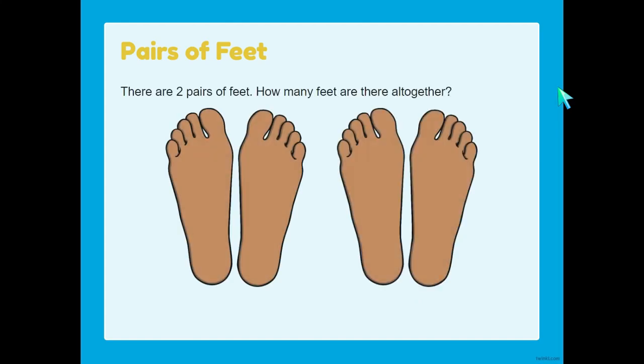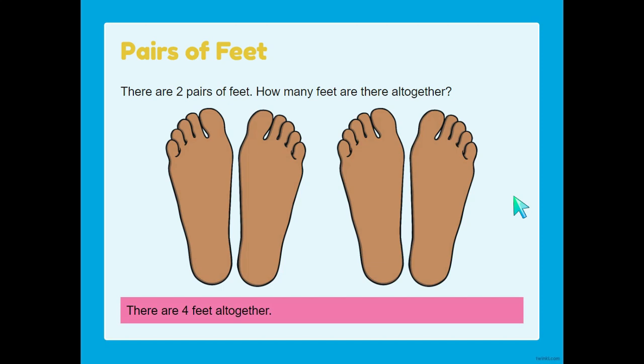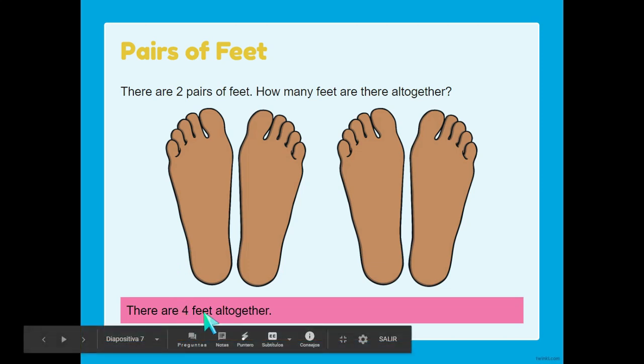Let's talk a little bit about pairs of feet. In this example, there are 2 pairs of feet, right? 1 pair and 2 pairs. How many feet are there all together or in total? You can count them one by one and say that there are 4 feet all together.